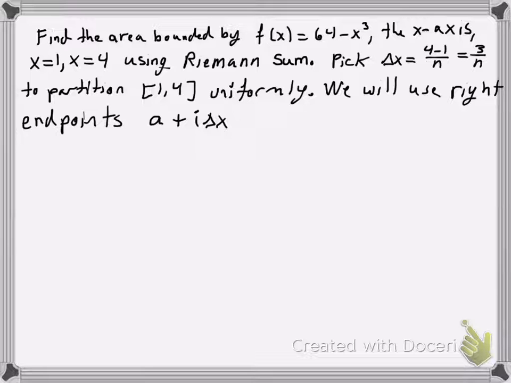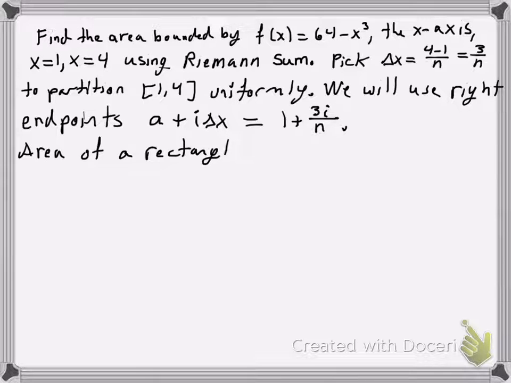Then it's just how many 3 over n's we add. So that's 1 plus 3i over n, and that's what we plug into our function to determine the height of each rectangle.